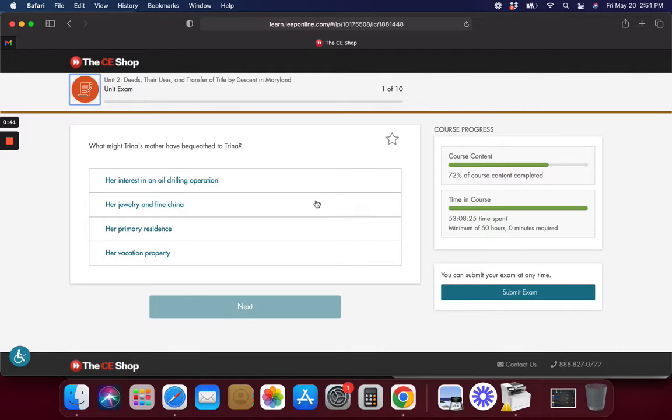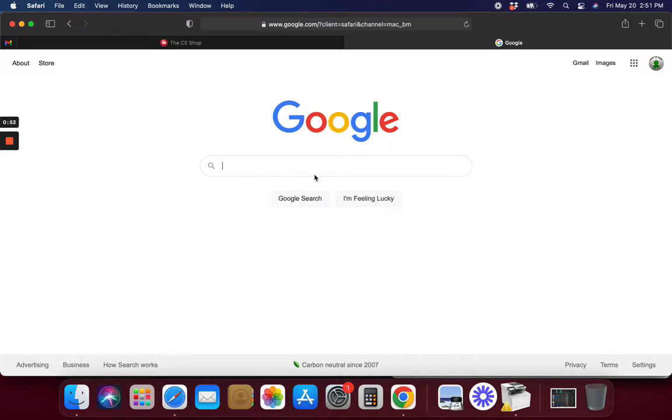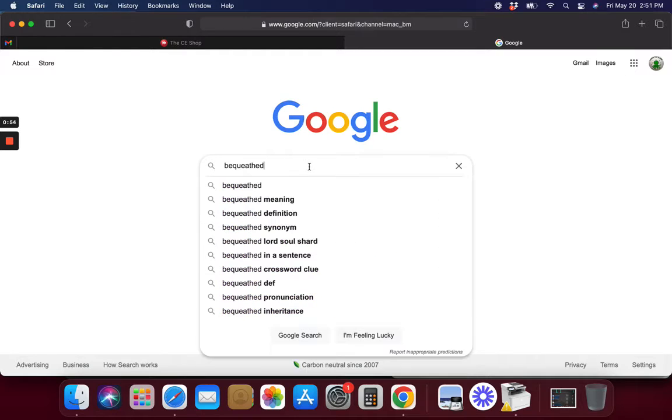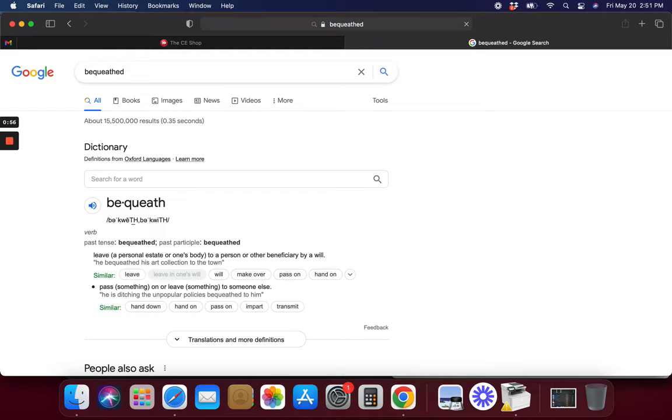Bequeathed to Trina. What might she have bequeathed? Let's look up this word here and see if it helps us with what bequeathed is. Because it might be real property. A personal estate to one's body or a beneficiary by will.